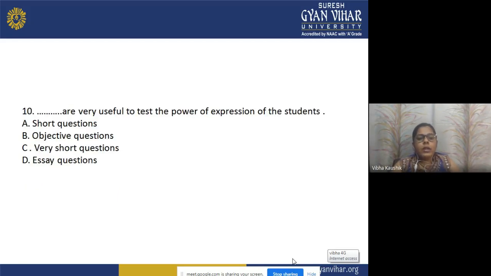Now the 10th one: dash are very useful to test the power of expression of the student. Which type of test can be designed by the teacher if he wants to judge the power of expression of the students? Now the options are A, short answer questions; B, objective questions; C, very short questions; or D, essay questions.